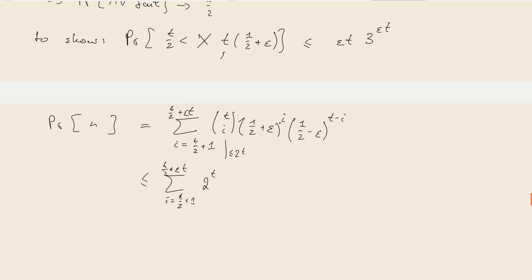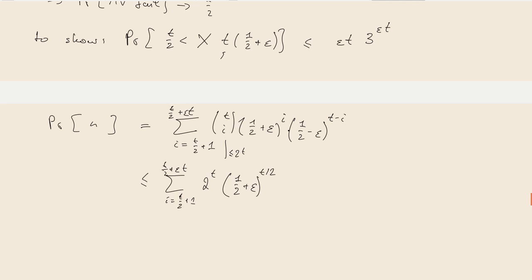For this term, that's a number smaller than 1, so we can make it larger by picking the smallest exponent that we can have. And let's actually just pick one smaller even, 1/2 plus epsilon to the t1/2.